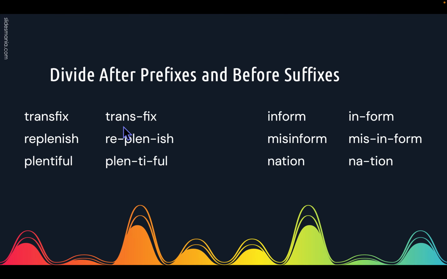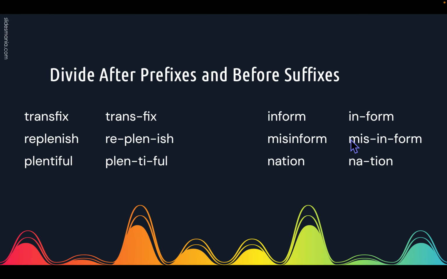Here we have the prefix trans, so we're going to split here, and we have transfix. We have the prefix in, so we split here, inform. Here we have the prefix re and the suffix ish, so after the prefix, before the suffix, replenish.